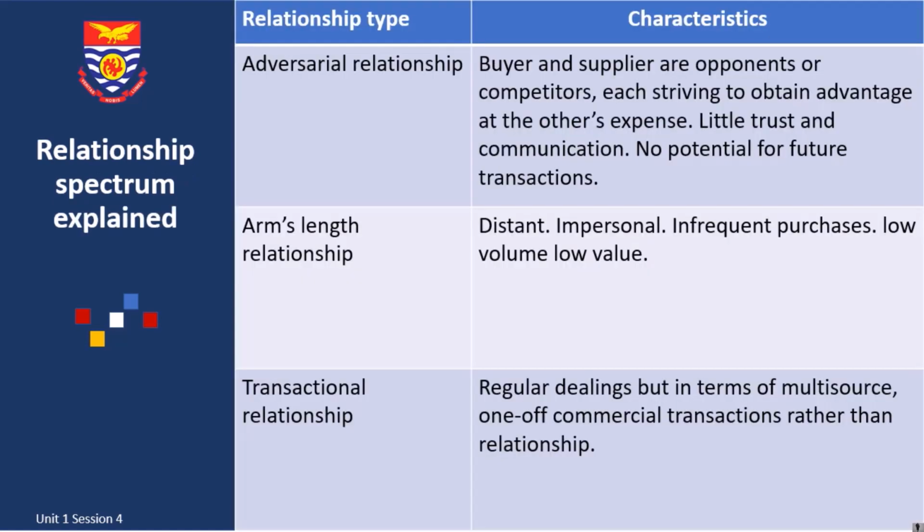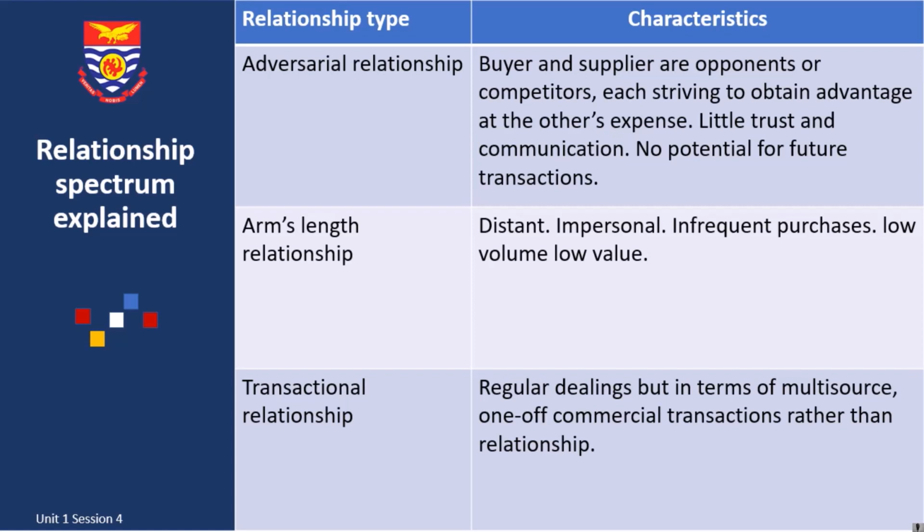When we take adversarial relationships, they are characterized by little trust and communication. There is no potential for future transactions because the buyer doesn't see the need to commit to the relationship with the supplier. Then the arm's length relationships, as the name implies, are interactions which are of an arm's length in nature, short, impersonal, with infrequent purchases characterized by low volume or low value.